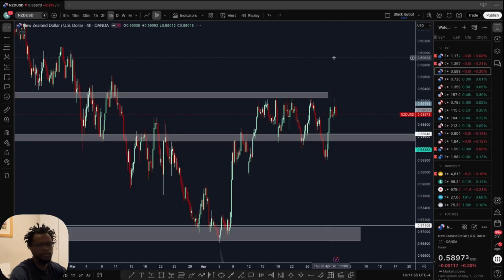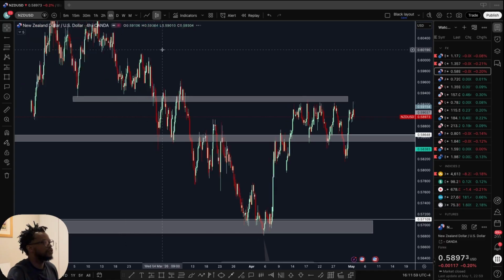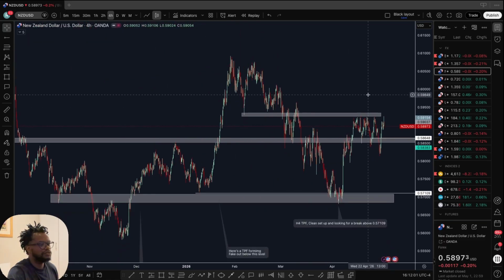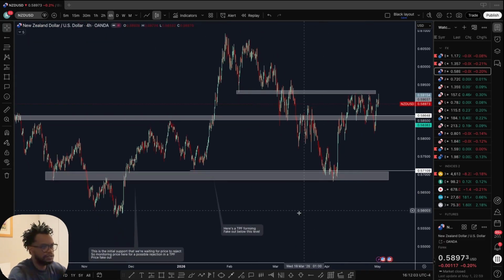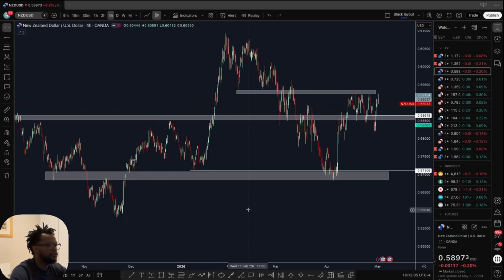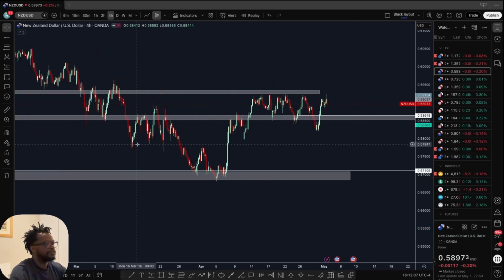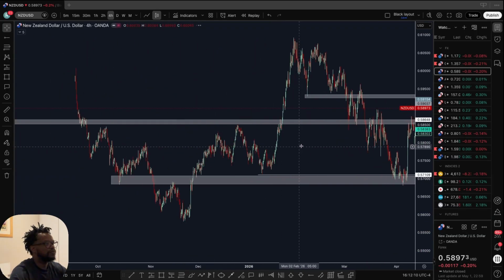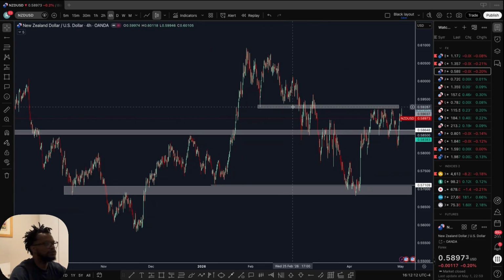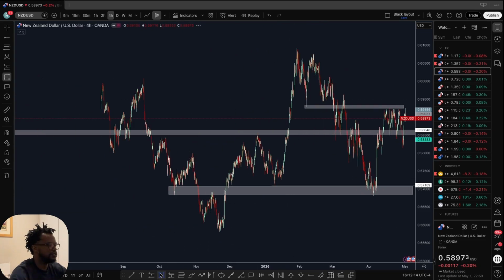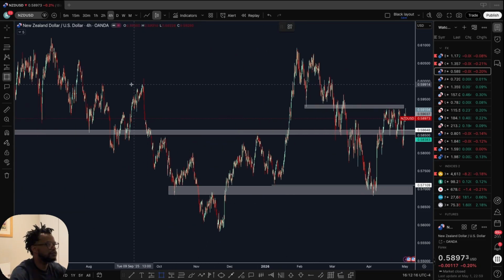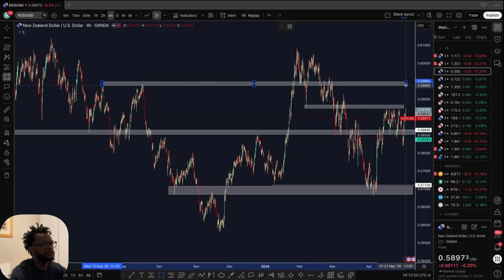Going to NZD. NZD is quite interesting. I just want to zoom out a bit and show you. This is still an intermediate zone. My major zone is at this turning point here, this one here. So this is my major zone, this level here.